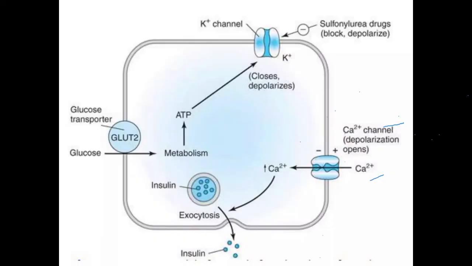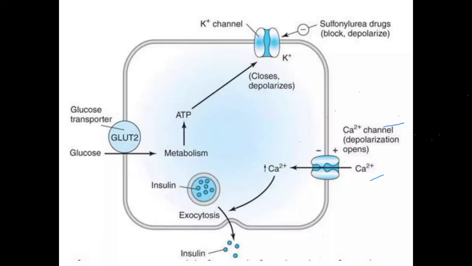Once this potassium channel is blocked, the calcium channel opens, that is, depolarization of the calcium channel occurs. So calcium from outside gets inside the cell, that is, influx of calcium occurs, resulting in exocytosis of the cell.